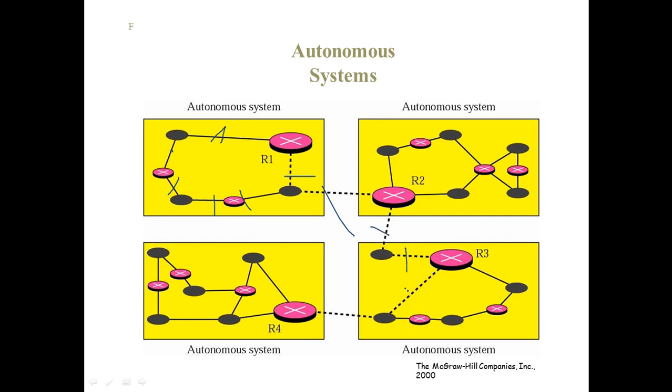The black ones show the devices or the nodes or terminals, anything you want to call them, and the red ones are the routers. These are different routers. So R1 is the gateway of this autonomous body. R2 is the gateway of this autonomous body. R3 is the gateway of this body, and R4 is the gateway of this autonomous body.